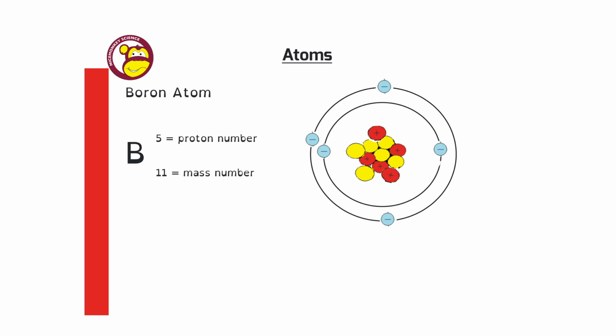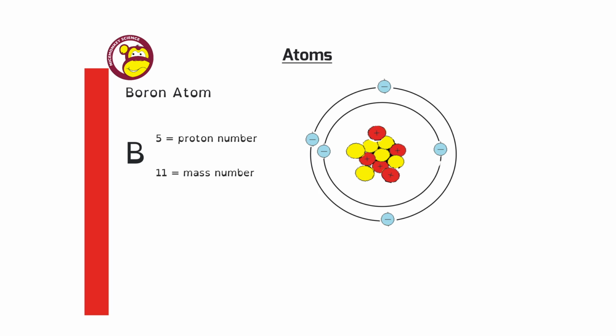This is what a boron atom should look like. How did you do? There should be 5 protons. Here, 1, 2, 3, 4, 5. And there should be a total of 11 particles in the nucleus. So 11 minus 5 is 6 neutrons. 1, 2, 3, 4, 5, 6.